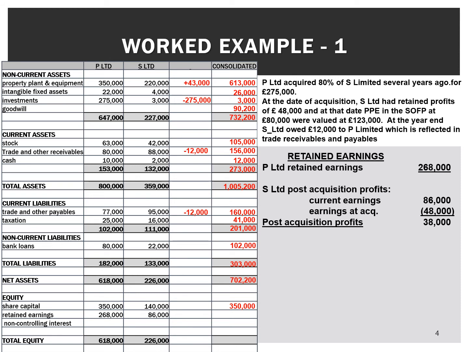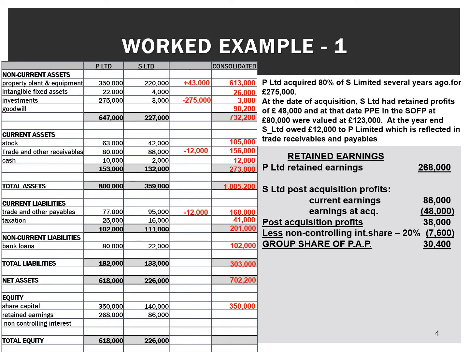Now, we're not 100% shareholder, so we don't have the right to all of those profits. Some of them belong to the minority shareholders, and so we have to deduct their share. That leaves us with our group share of post-acquisition profits equal to £30,400.